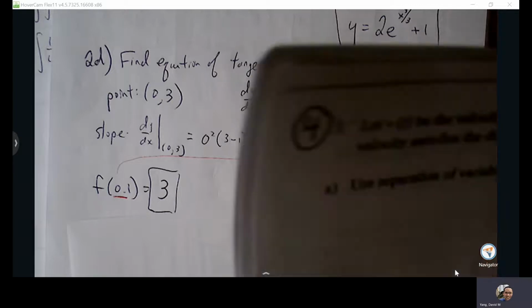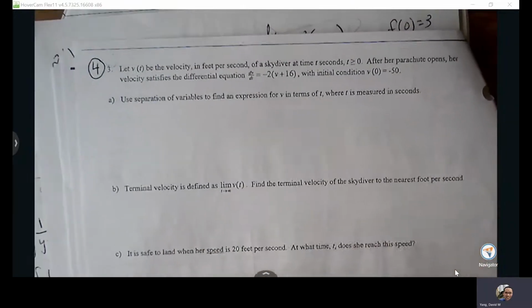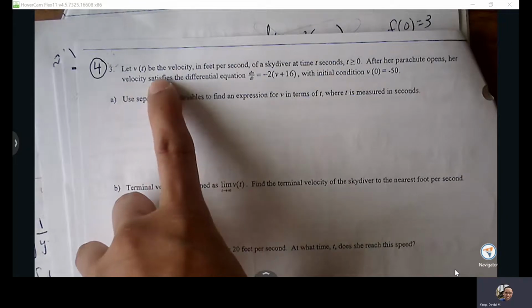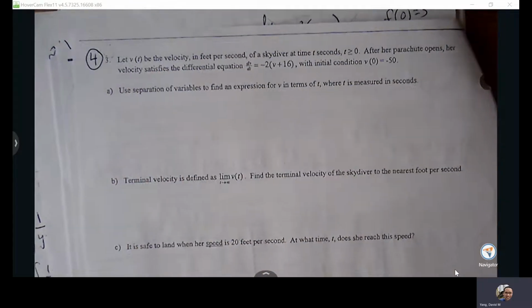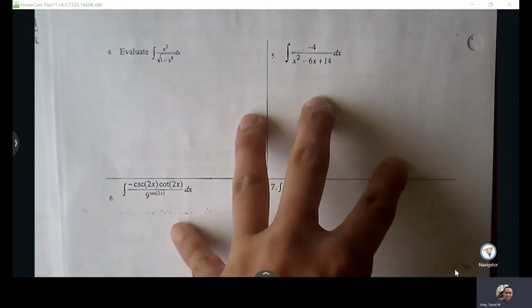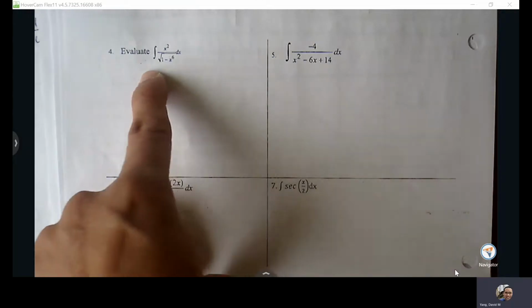Okay, we'll do this problem a little bit later, but let's go to the middle half and try number 4 here.